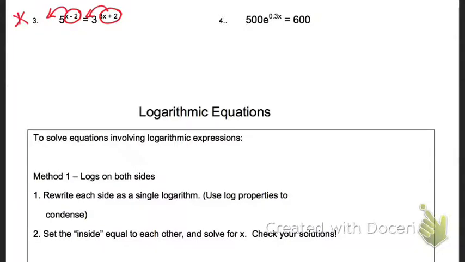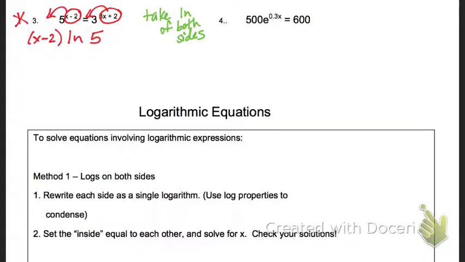And I'm going to rewrite this as x minus 2 natural log of 5. So this is when bases cannot be the same. Take natural log of both sides. So this is kind of like a 2A, method 2A technique.